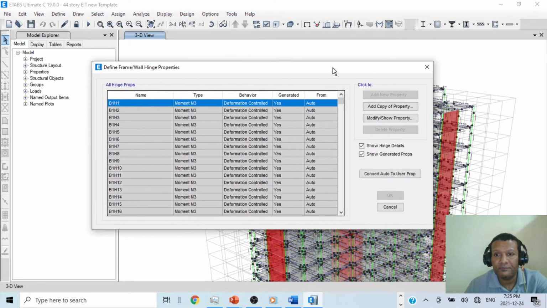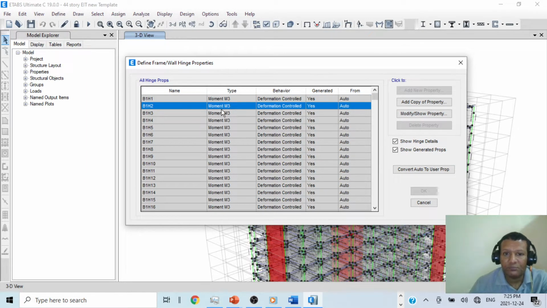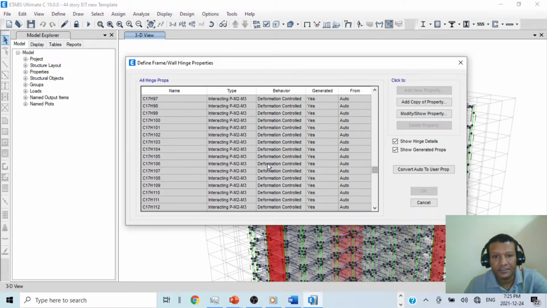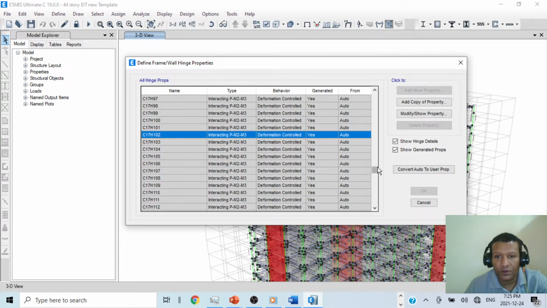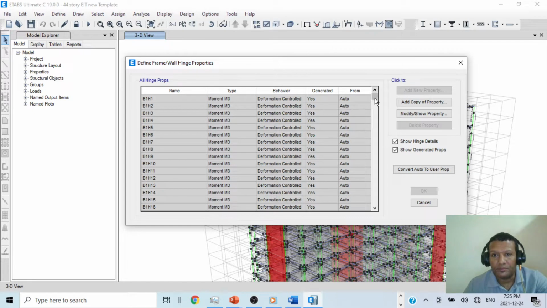Okay, here as you can see, this is our beam hinge, moment M3 type hinge. We assign it for all beams, at both ends, and this is for our column. PM2M3 hinges are assigned for our columns, and the PM3 fiber hinge is assigned for our shear wall.